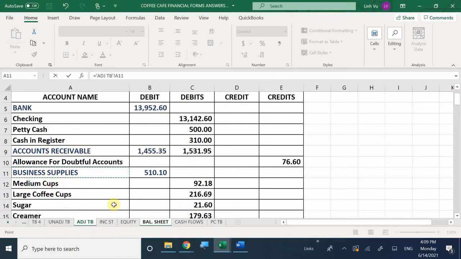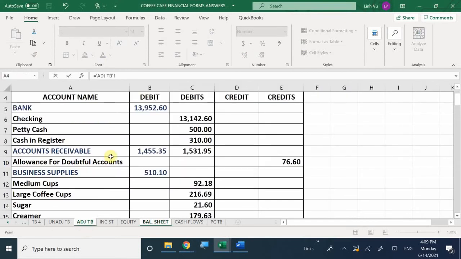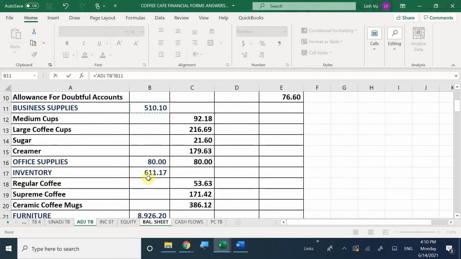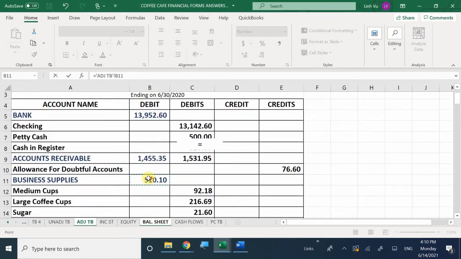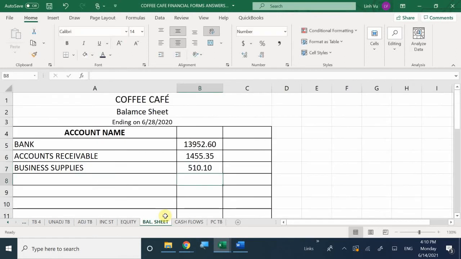Business supplies, for a total of 510.10. Yes, business supplies at 510.10. Okay.